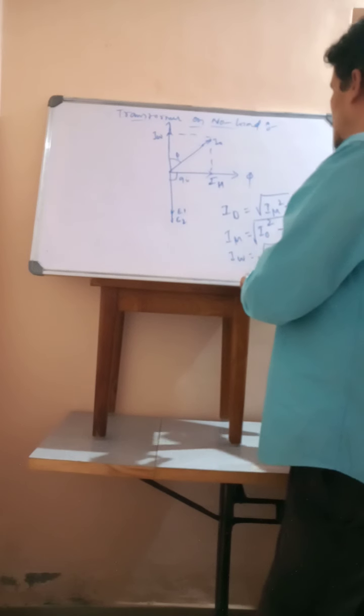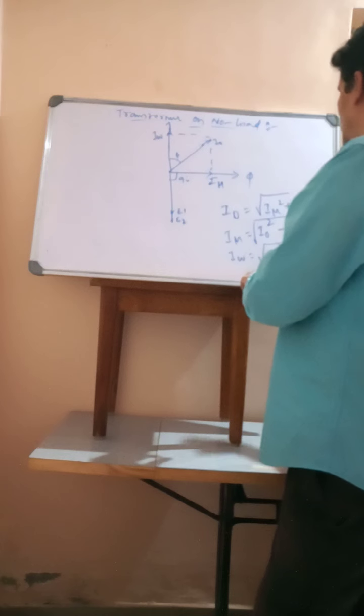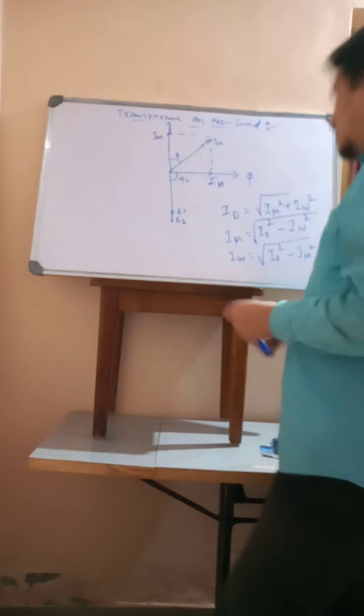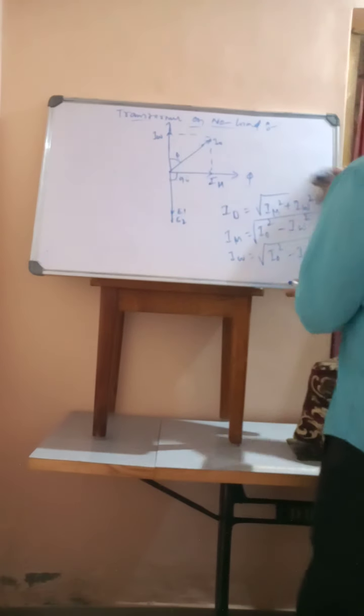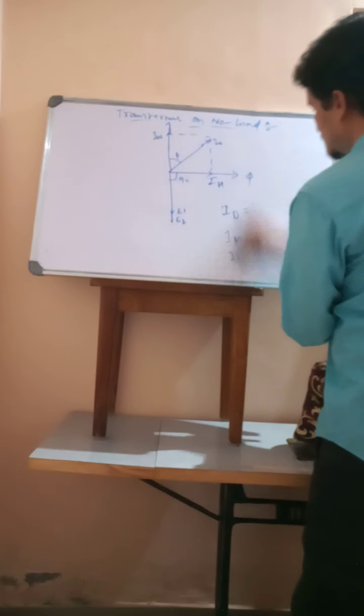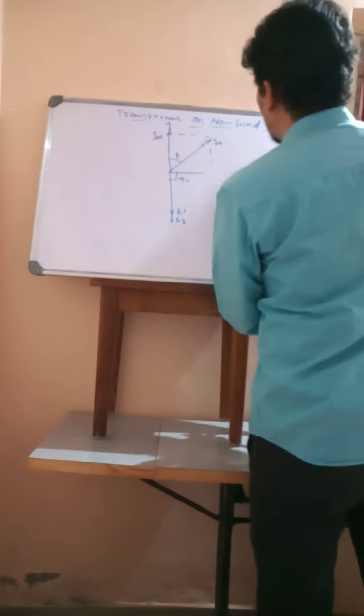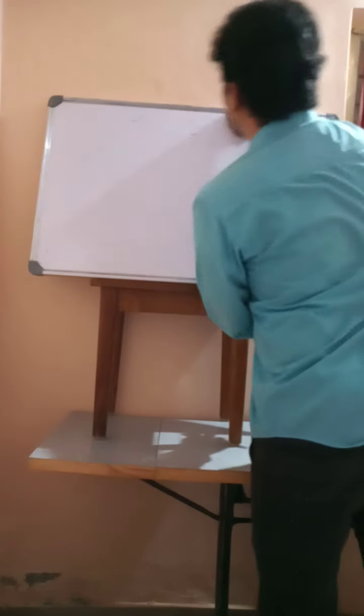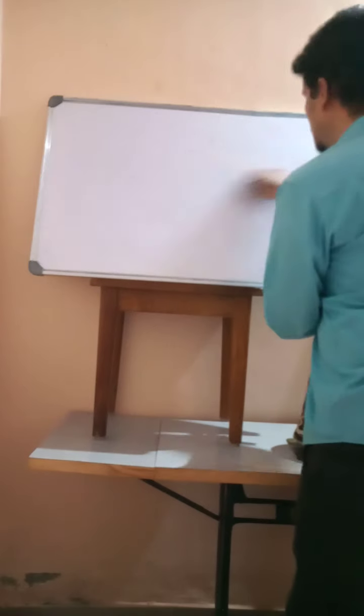I omega is equal to the square root of I naught square minus I mu square. So this is about the transformer on no load. What about the transformer on load? We shall learn about the transformer on load in the next lecture video. Thank you.